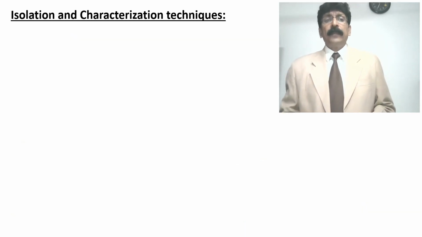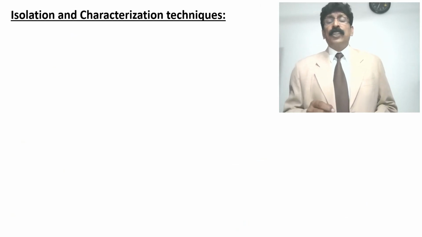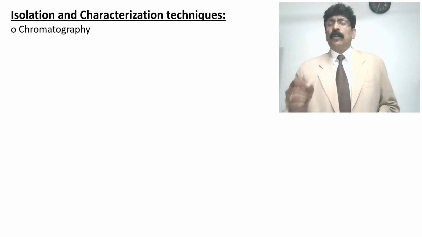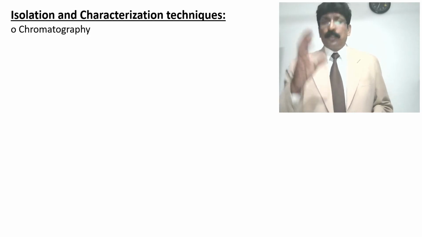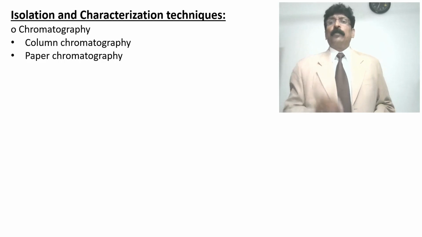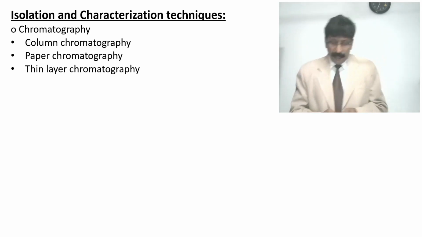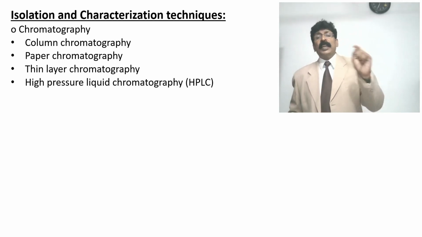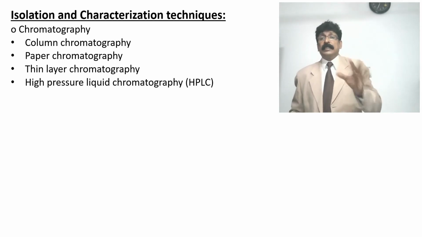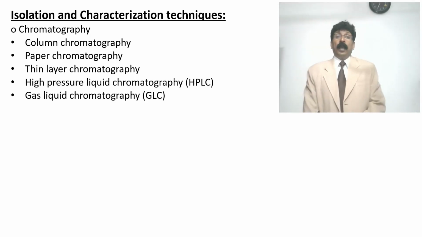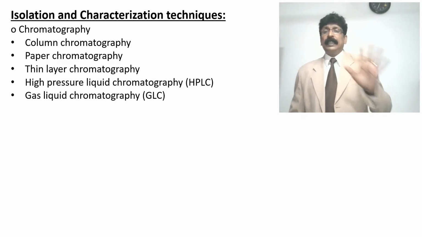Today, in this isolation and characterization topic, the techniques we are going to see in this chapter are chromatography, in which column chromatography, paper chromatography, thin layer chromatography, high pressure liquid chromatography, HPLC, in some books high performance liquid chromatography, gas liquid chromatography and gas solid chromatography, GC, are also available.